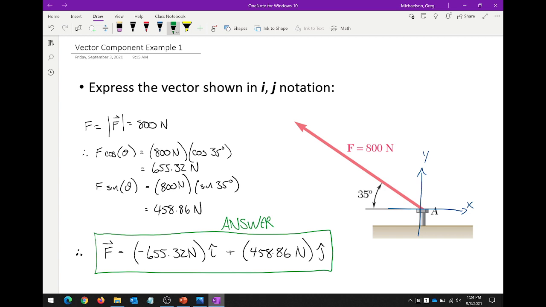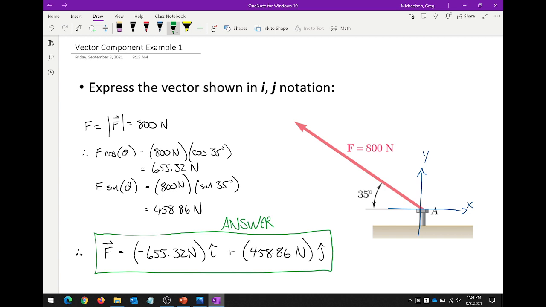Here's another benefit. Let's say I didn't give you 800, and all I gave you was this. What would be a very easy way of computing the magnitude of that vector? Yes, sir. Do the Pythagorean theorem, take the square root of the addition of the squares.